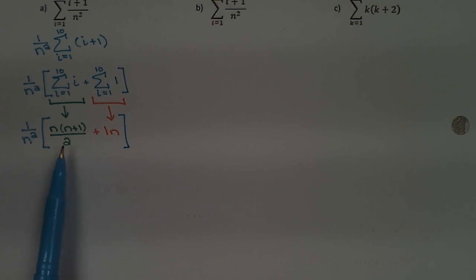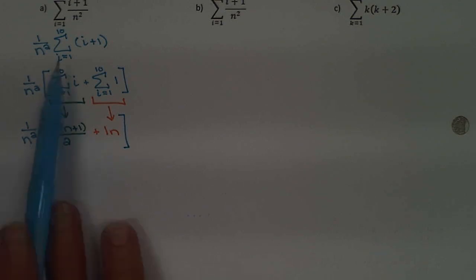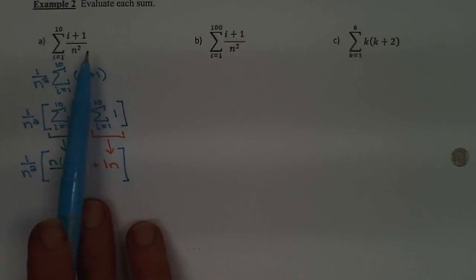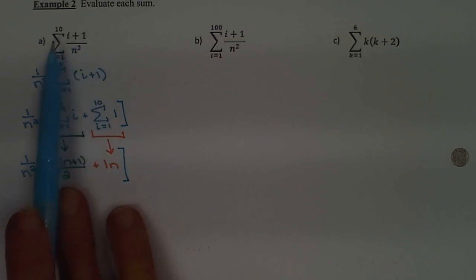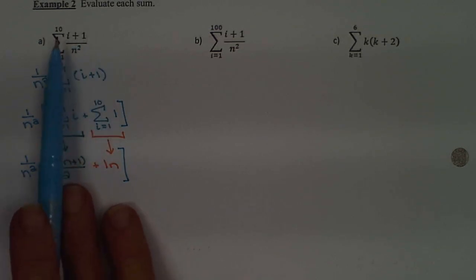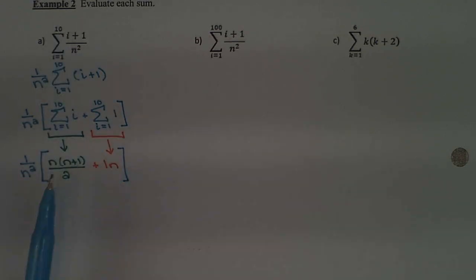We're going to want to end up with formulas that we could plug any n into here, and it would give us what the sum would be. So same formula part here, i plus 1 over n squared, but maybe we wanted to go to 100 instead of 10, or maybe we wanted to just go to 57. That's going to give us a formula that all we'd have to do is plug in a 57 or plug in a 100, a much more simplified formula than just this.